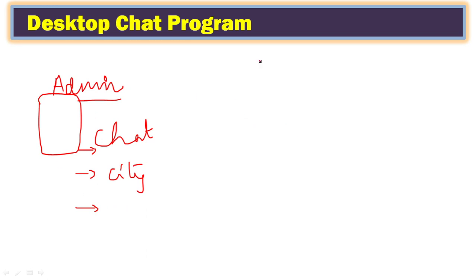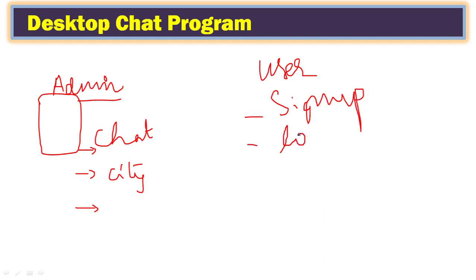On the other side, as a user, the user can sign up. Even though it's a desktop application, you need to sign up. Once you sign up, you are able to log in. Then you can choose any of the rooms. So here we provide a chat room.